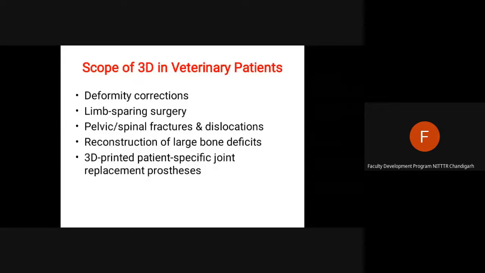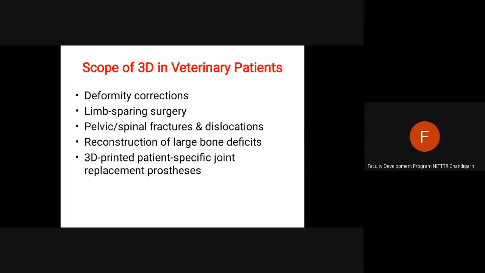Reconstruction of large bone defects. As I showed you, multiple fragmented fractures may be treated comparatively nicely. Then the 3D printed patient specific joint replacement prosthesis. This may be one of the more useful in human patients and also in the veterinary patient, because this is an expensive surgery in India.